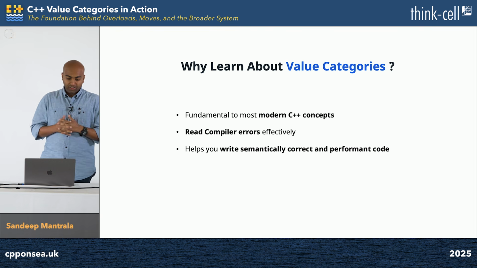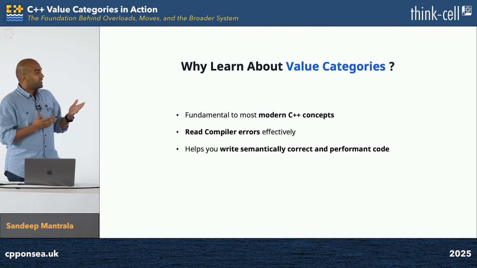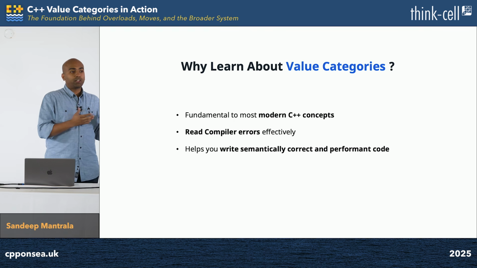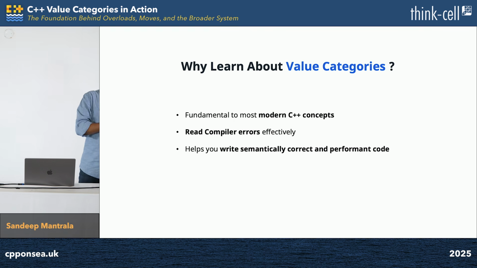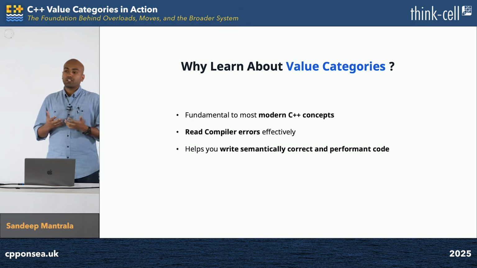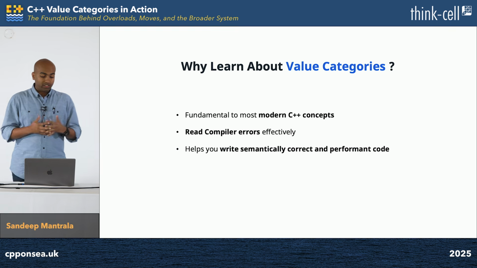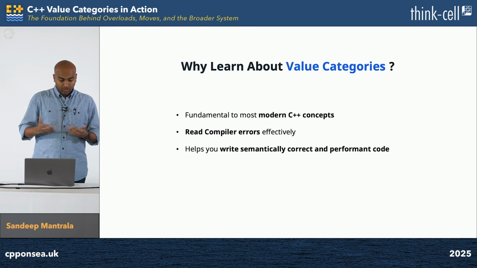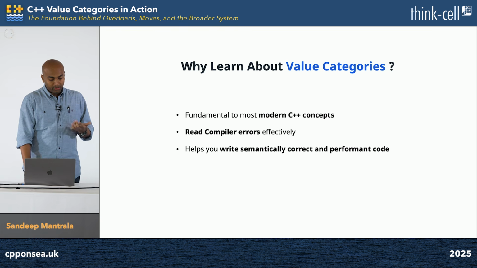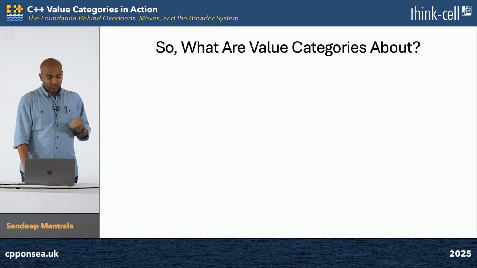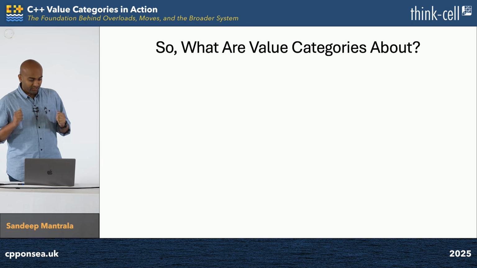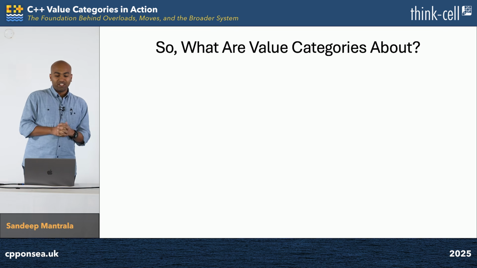That's my opinion. Apart from that, when you try to write something and the compiler throws an error at you saying that an lvalue reference cannot bind to an rvalue, you should know exactly what that is really about. So understanding the compiler errors effectively will definitely help you in understanding where you're wrong. And it also helps you write semantically correct and performant code. So I hope we all want to learn about value categories.